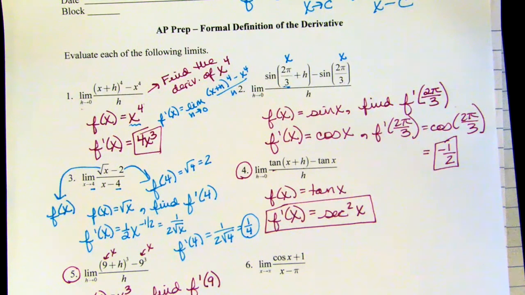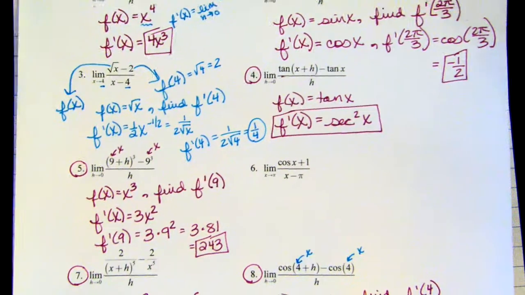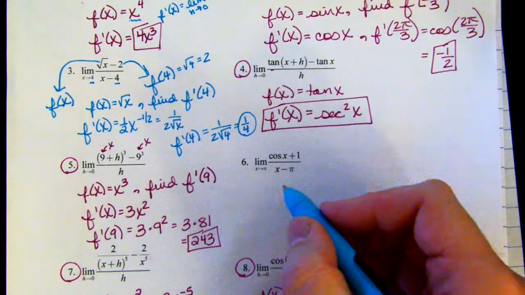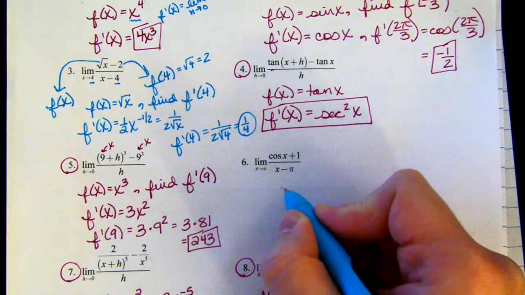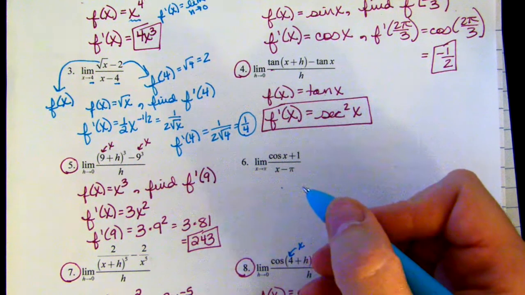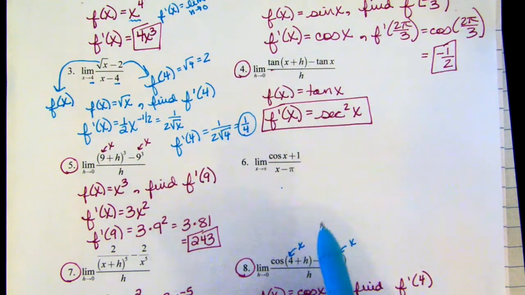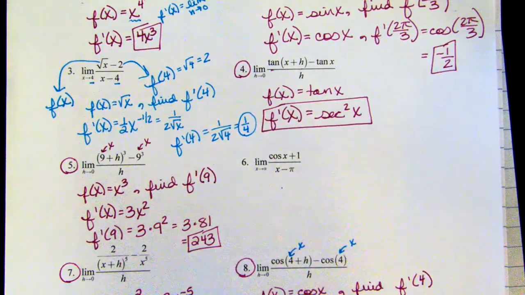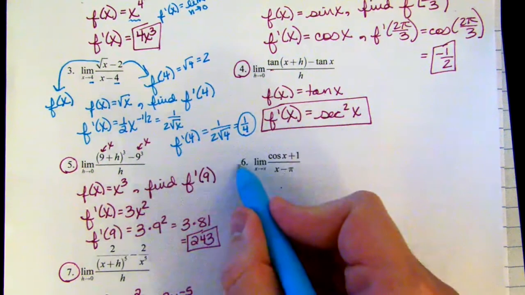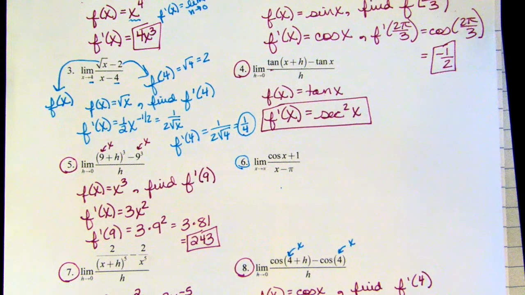One more of these. Number 6 is also in that form of the alternate version of the derivative. Figure out what the function is, where you're asked to find the derivative of it, and then go find the derivative. What is the answer to number 6? I think I might have said 4. I didn't mean 4. I meant 6.